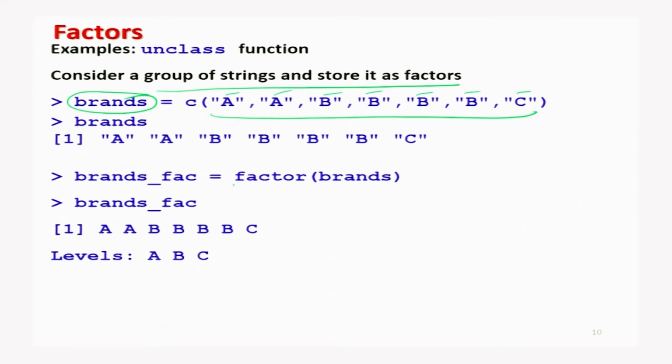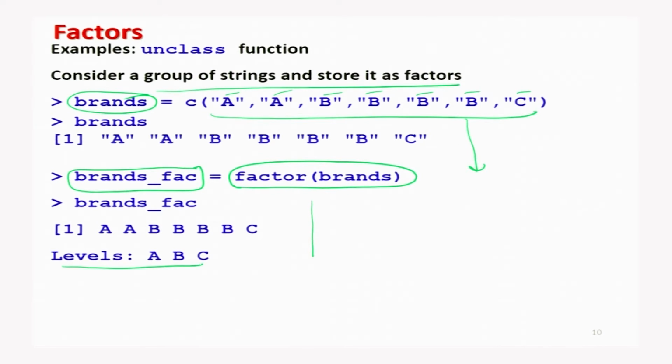So, I use the factor command, and inside the parenthesis I write brands, and whatever is the outcome I store it in a new variable brands underscore FAC. So, that means brands are factored, right, and this outcome will look like this. You know that there are 3 unique strings in this ABC, just like we had considered the example of juice, water and lemonade. So, now this ABC will be assigned as labels, and the data on these brands is reproduced here also, right.